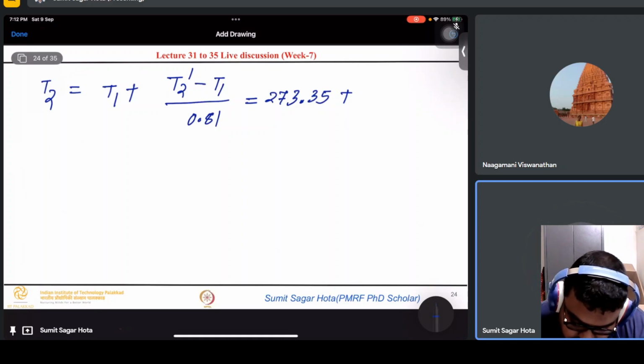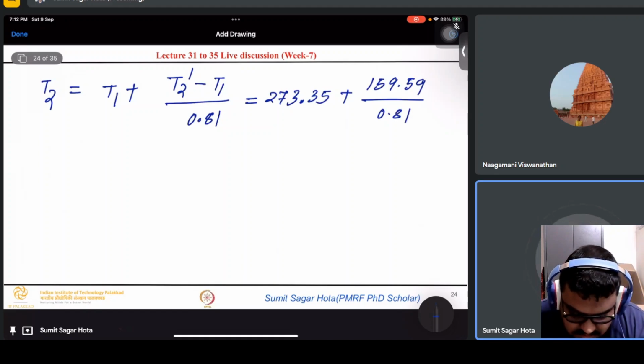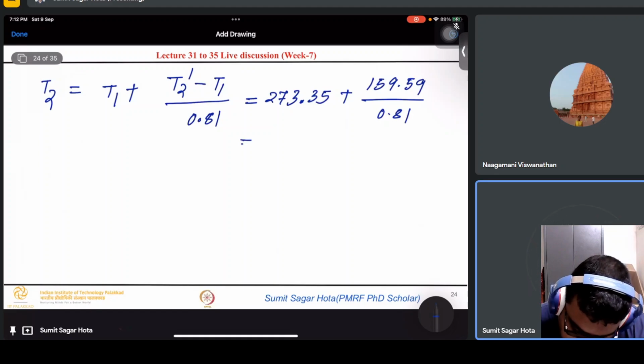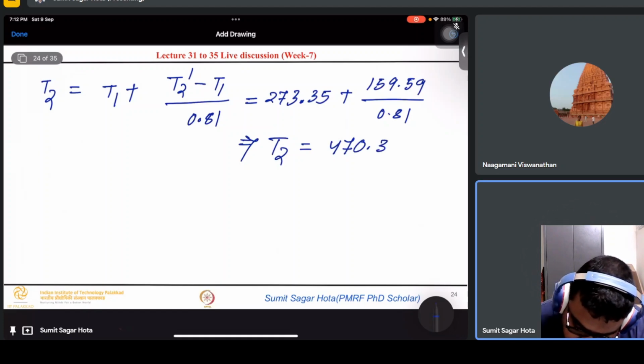If you do, it will be 159.59, divided by 0.81. So when you solve it, you get your T2 as 470.3. Okay, directly write down 470.4 Kelvin.